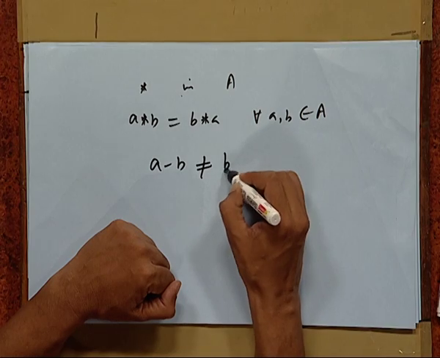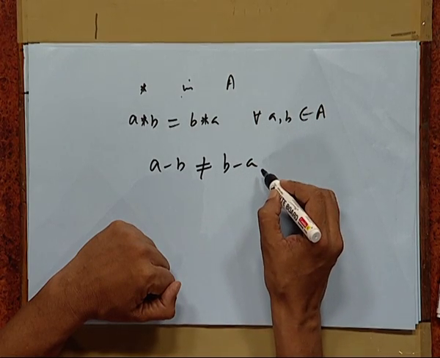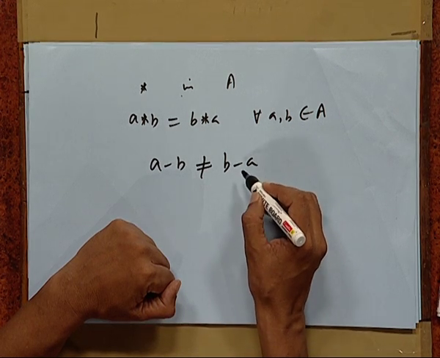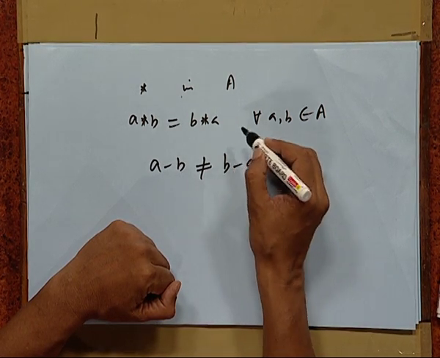Similarly, the operation multiplication is also commutative, whereas the operation subtraction defined on integers is not commutative, because A minus B is never equal to B minus A unless A and B are equal.